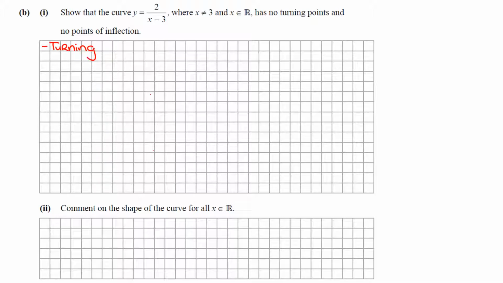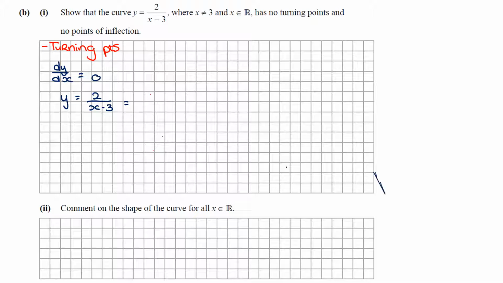So if you remember, how do we get our turning points? To get our turning points, we get dy dx, and we let it equal 0. So let's start with our y, and that's 2 over x minus 3. Now, you can of course work with that using our quotient rule.